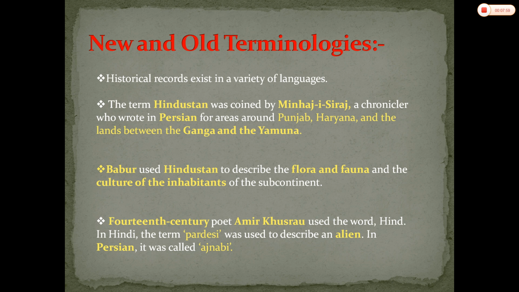In the 14th century, the poet Amir Khusro was the court poet of Alauddin Khilji. You have heard about him in the Padmavat movie. So, in the 14th century, the poet Amir Khusro used the word Hind. See, Amir Khusro used the term Hind for what?